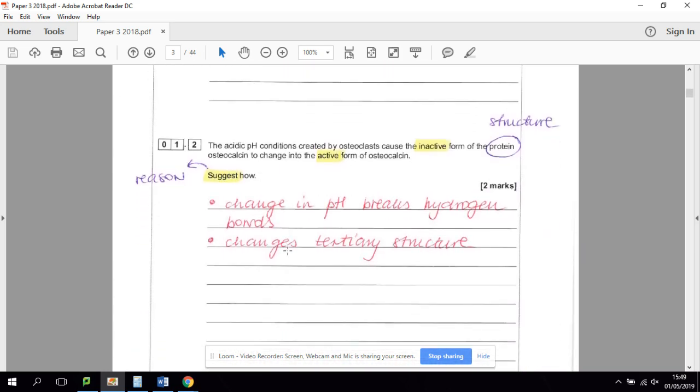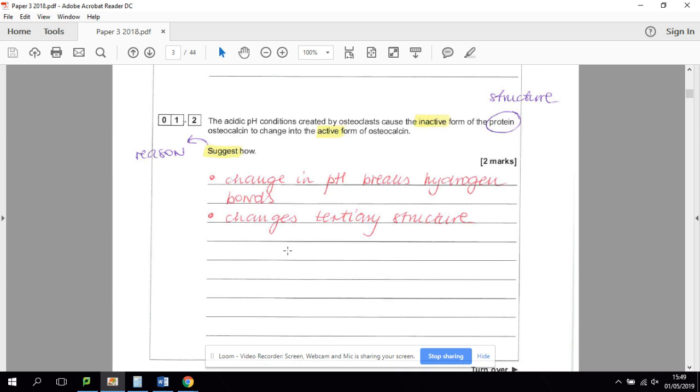So the acidic pH conditions created by osteoclasts cause the inactive form of the protein to change into the active form. So what we need to suggest, give the reason how is it possible. So with the questions suggest, you're looking at the statement that they've given you, and then you're using your biological knowledge to think, right, what could possibly happen for this to take place.